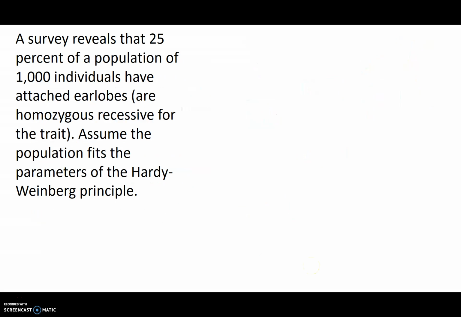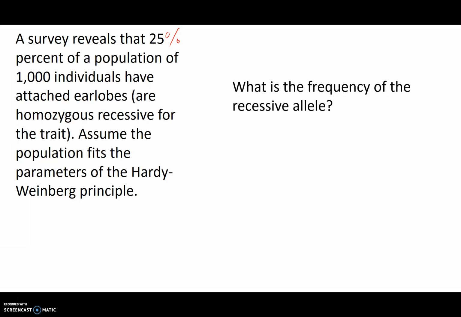All right, next one. A survey reveals that 25% of the population of 1,000 individuals have attached earlobes, that are a recessive trait. Assume the population fits the parameters of the Hardy Weinberg principle, what is the frequency of the recessive allele? So here we're asking for an allele, so that's Q. Up here we have the percent of a population that has the homozygous recessive trait, so that's my Q squared.